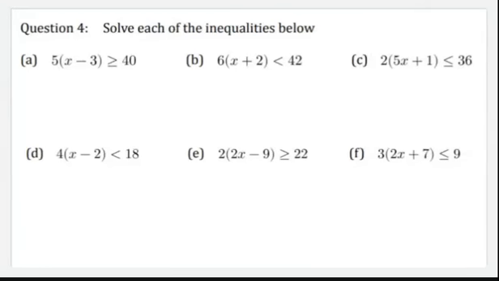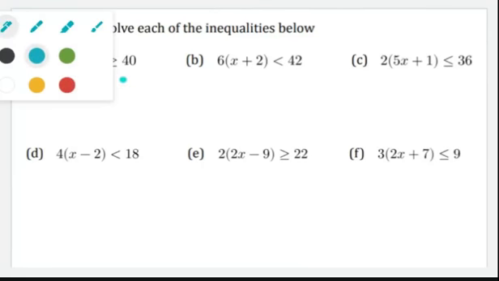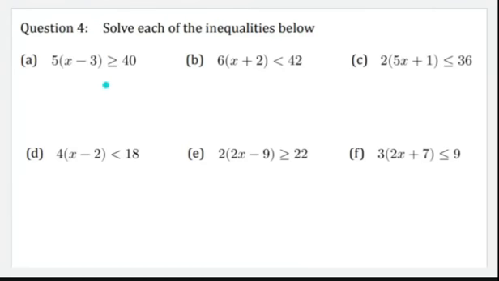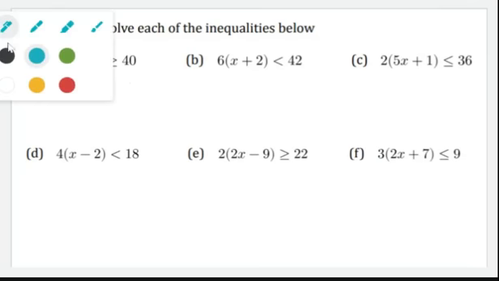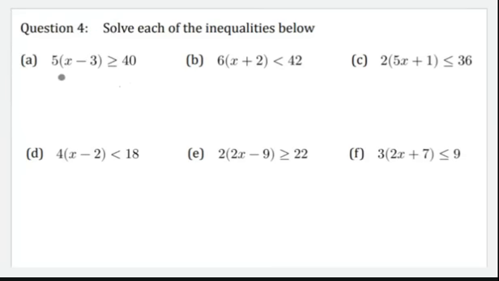Okay. Right, so slide 4. What methods did we go through? I expanded it first. Okay, so what did you get when you expanded? 5x minus 15 is greater than or equal to 40. Indeed. And then?